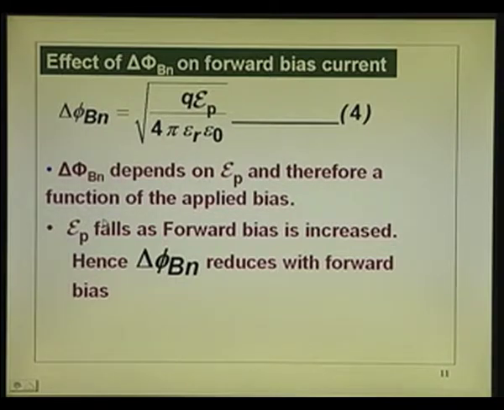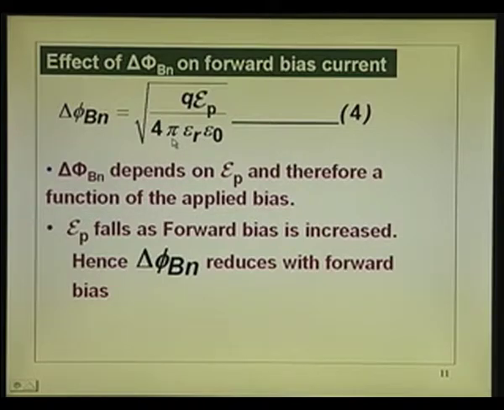In the forward bias case, what happens to delta phi b n? Delta phi b n depends upon E peak. If delta phi b n increases, what happens to phi b n? Go back to this diagram and see: if this increases, phi b n falls. In the forward bias case, what happens to the E peak? As I keep on increasing the forward bias voltage, what happens to the external field?